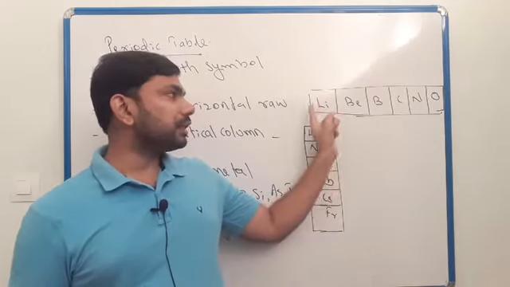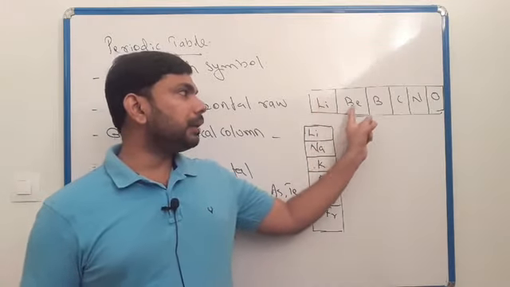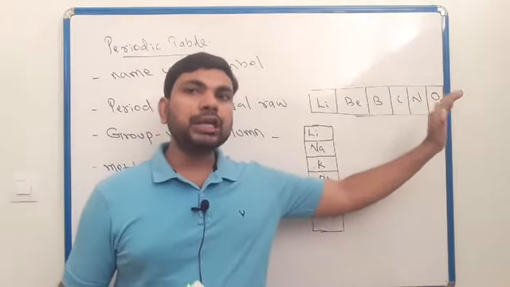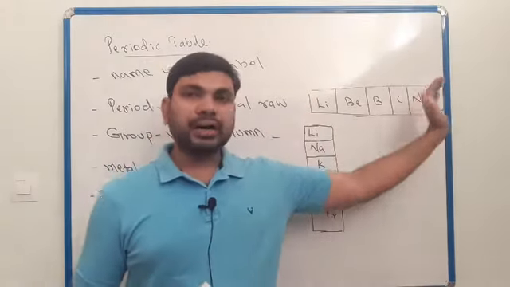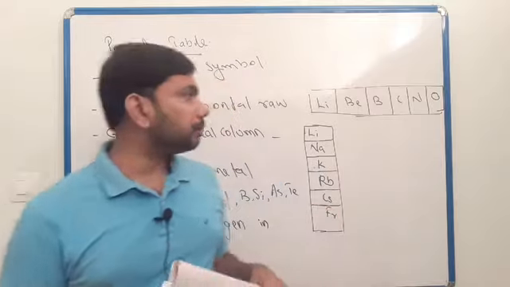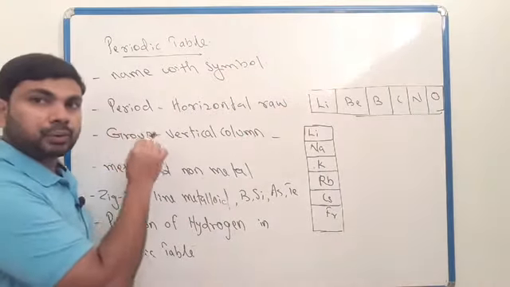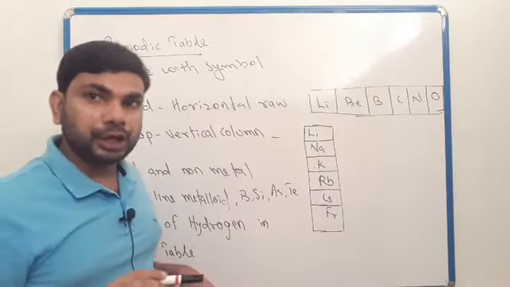This type of arrangement, horizontal rows, is called a period.